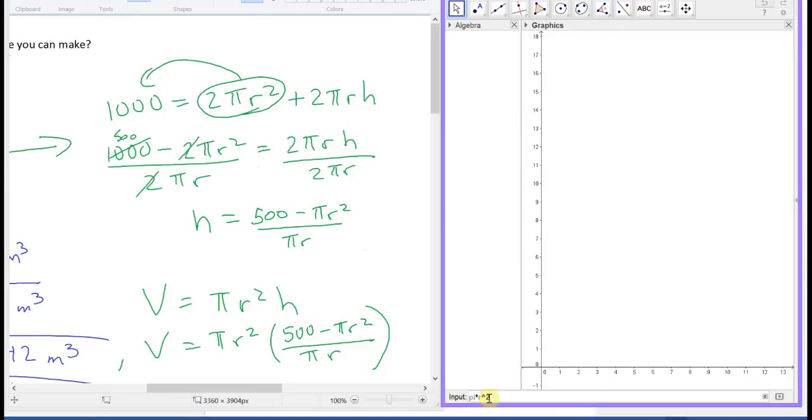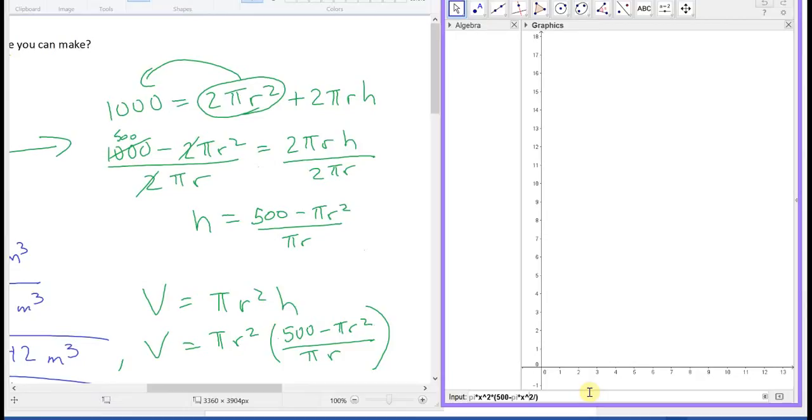Oh wait, I said we're not using r, we're using x. Pi x squared times 500 minus pi times x to the power of 2, divided by, now notice if I do the divided by like this, I'm dividing only this last term.